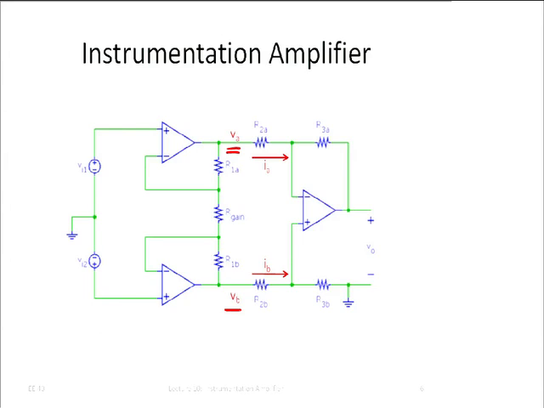And in fact, a while ago we already solved this circuit, right? That's the op-amp with the inverting input VA, and then there is also the op-amp with the non-inverting input VB. We could solve it, for example, using superposition. In fact, we did that already. If you go back a few lectures, then you will find the solution of that. So the question is, how are we going to figure out what is VA and VB?